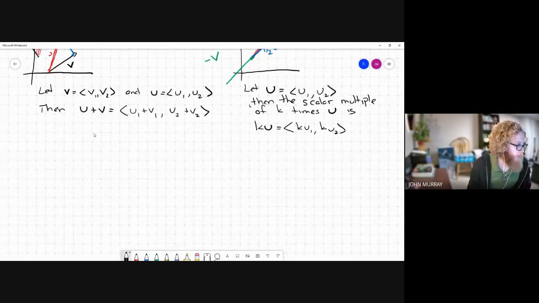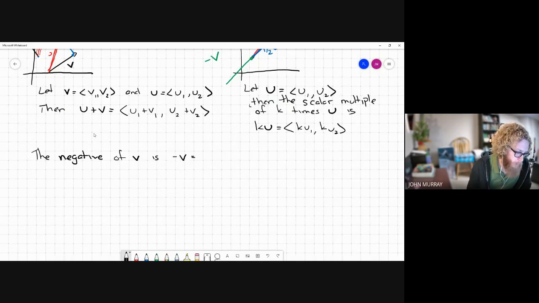All right, so before we jump into some examples, okay, so if we have some vector v and we take the negative of it, well, that's doing a scalar multiplication of -1.